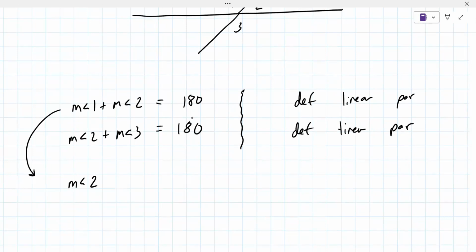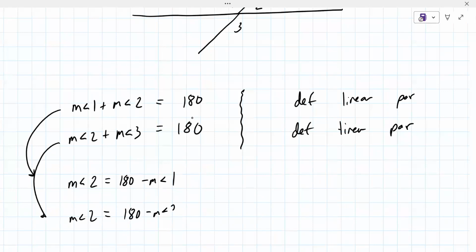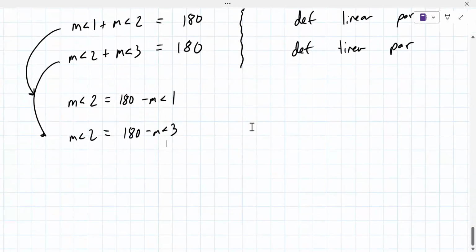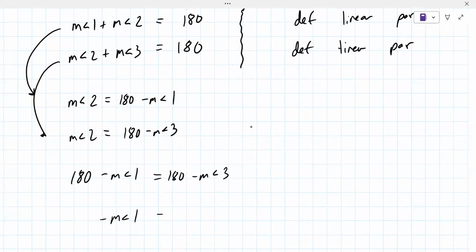So you get the measure of angle 2 is 180 minus the measure of angle 1, and the measure of angle 2 equals 180 minus the measure of angle 3. You set them equal, so 180 minus the measure of angle 1 equals 180 minus the measure of angle 3. You drop the 180s, you switch sides, and you end up getting that they are the same, which is that vertical angles are congruent.